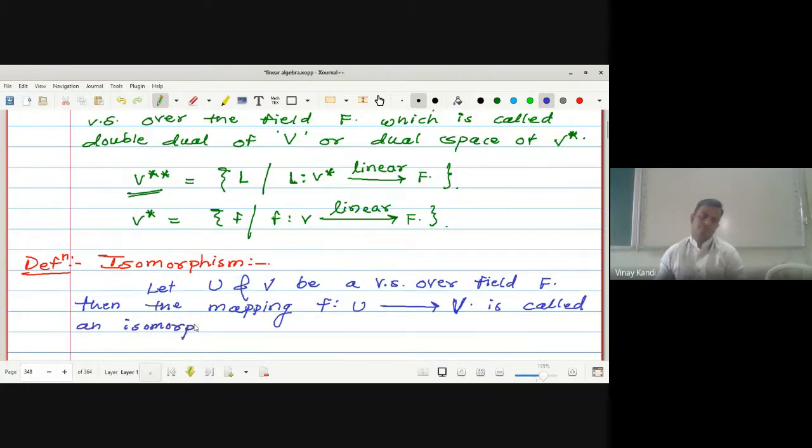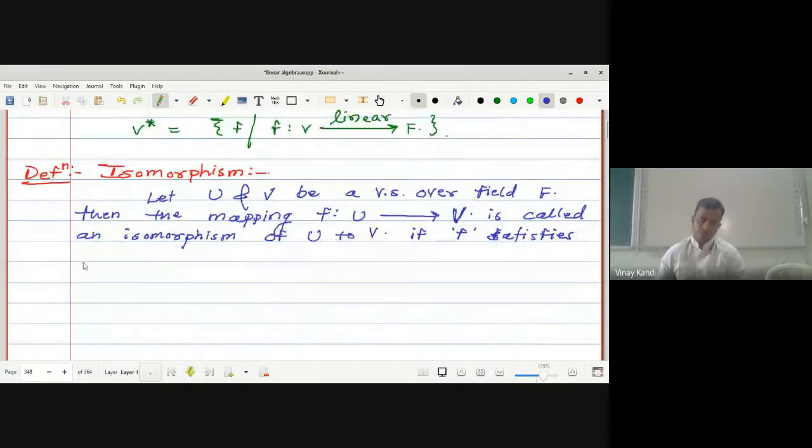An isomorphism of U to V if f satisfies the following conditions.